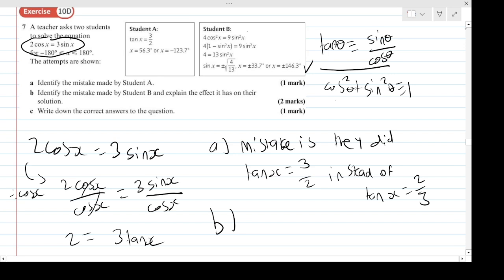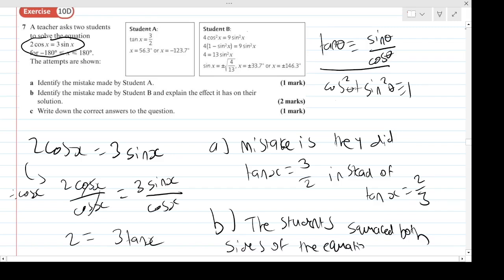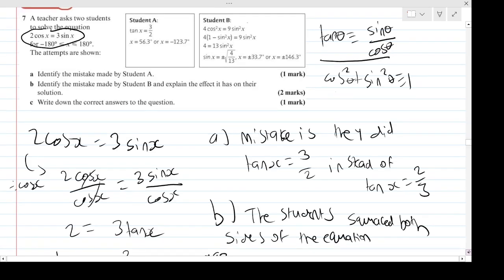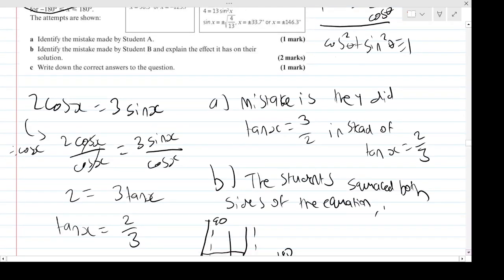So the problem is, the student squared both sides of the equation, which introduces or adds extra solutions. Remember, we call that extraneous solutions, right?